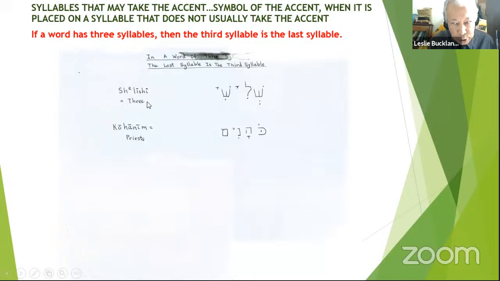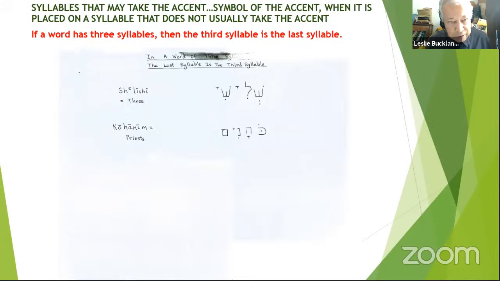And that means three. It is the number three. Notice again, there is no accent that is represented. There is no mark that says here is where the accent should be, because normally the accent should be on the last syllable.